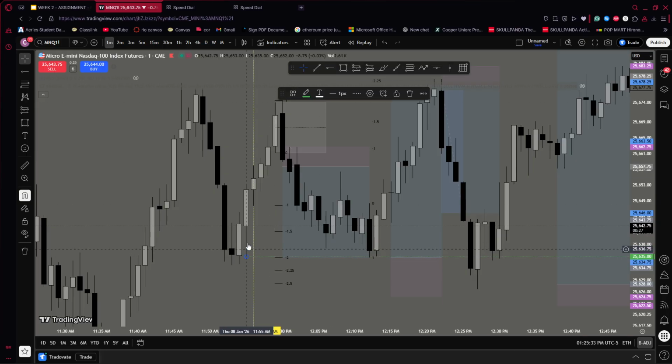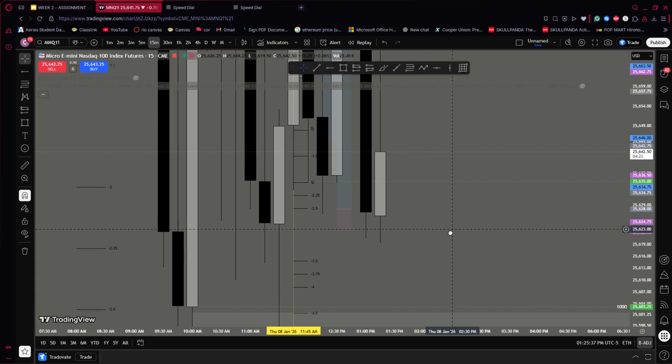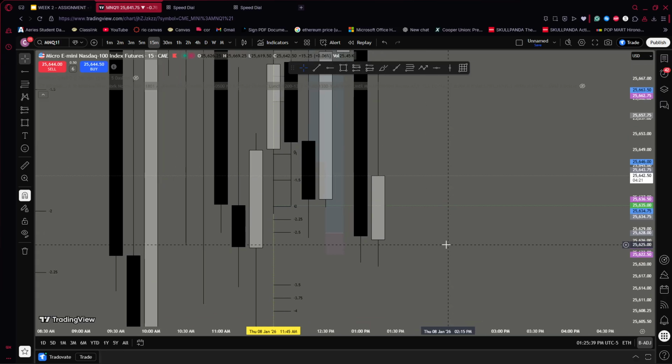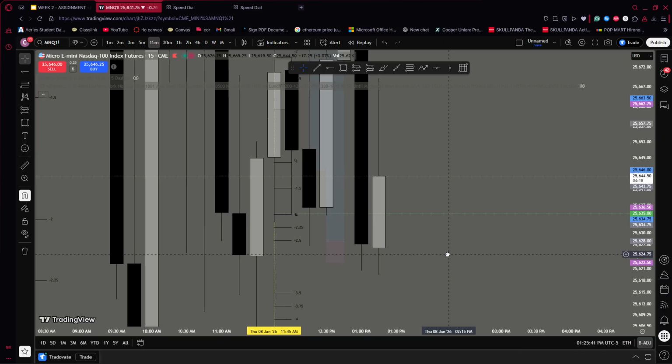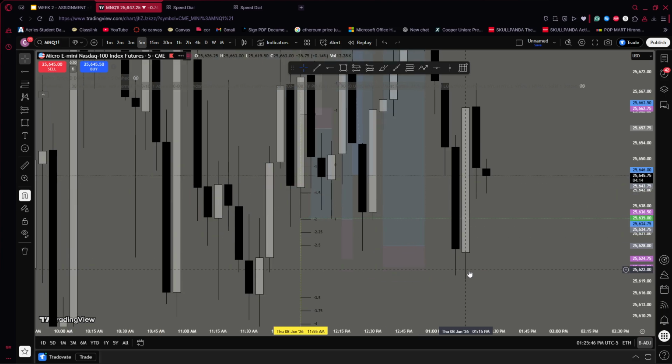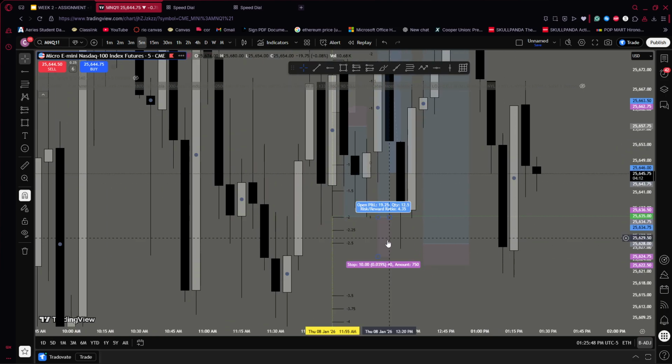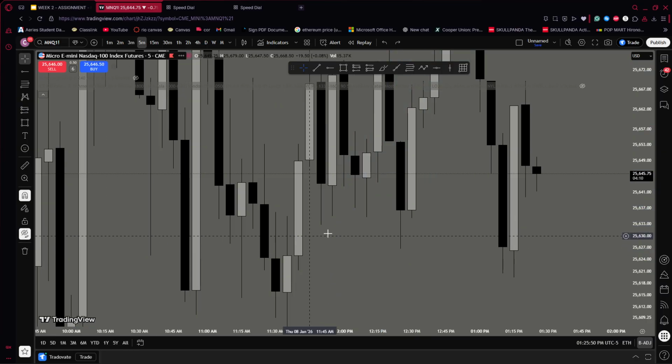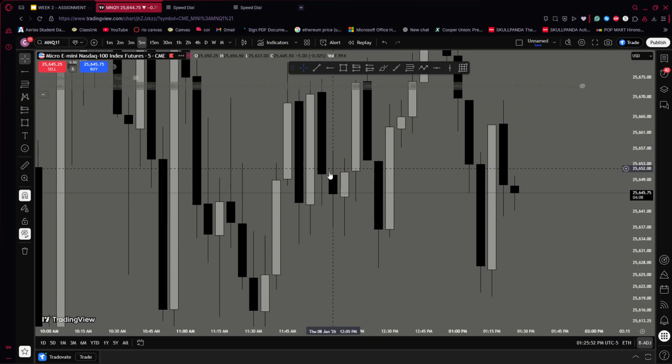And if I went up to a higher time frame, like the 5-minute, right here, this is the candle that I traded.